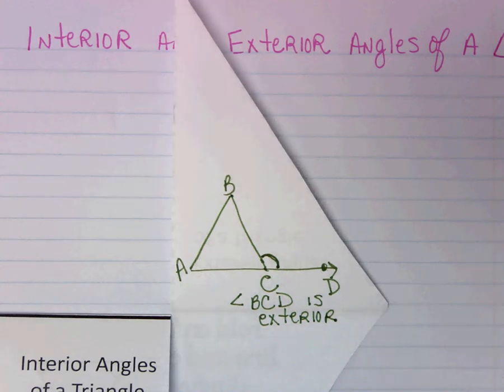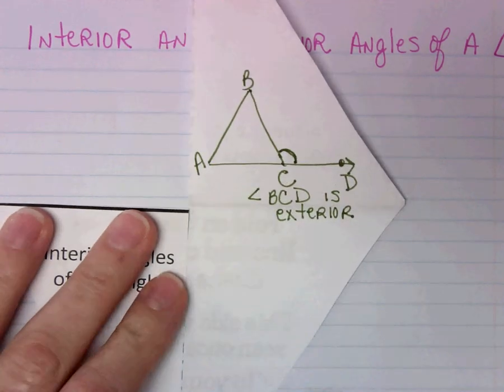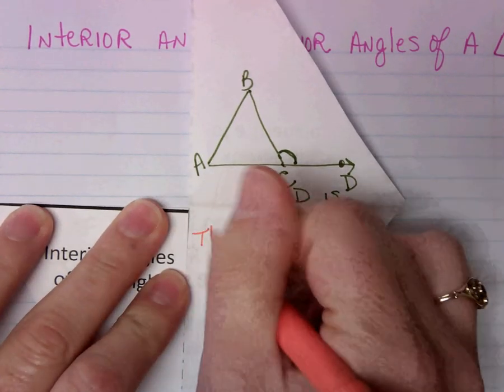And so what we need to know for right now is this. I'm going to write the definition and then I'll come back to this picture to show you the example.